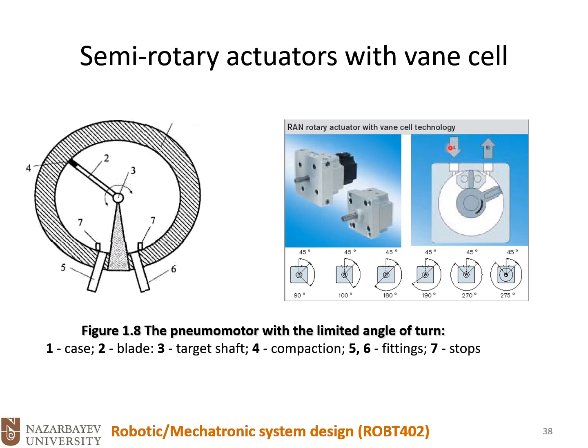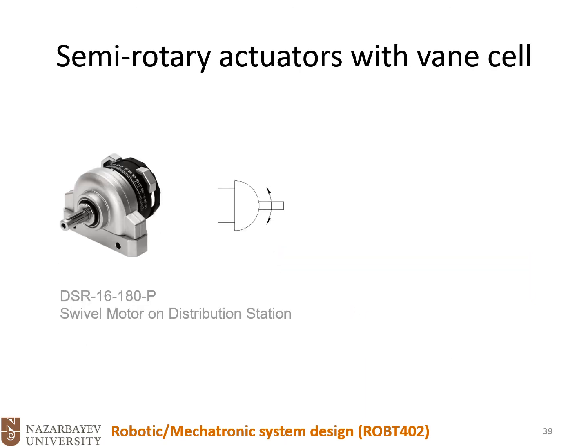Again here we have those types with the vane cell, and they could have a different range of motion. And this is the type exactly we have on MPS 500 on the swivel module on the distribution station. So if you refer to those videos, you see what exactly I'm referring to on the distribution station. So the swivel arm is attached to the semi-rotary actuator to do the pick and place by the suction and rejection.